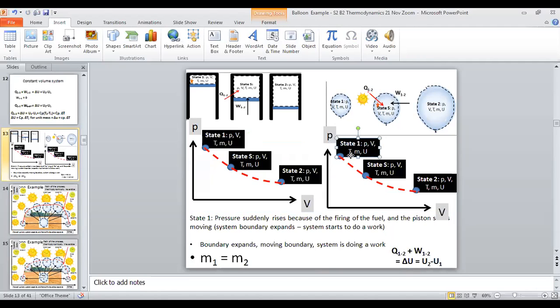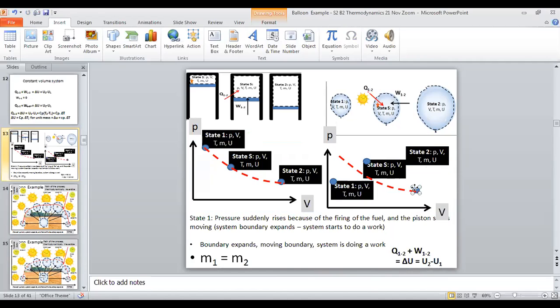The other way, because in our example, one is somewhere here. Two is somewhere here. Sorry, S, and this is state 2 probably. And this graph is completely different now.